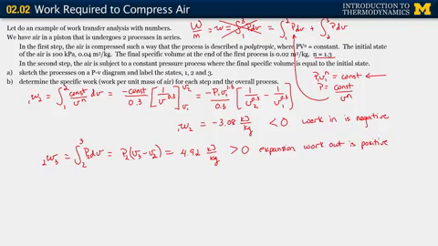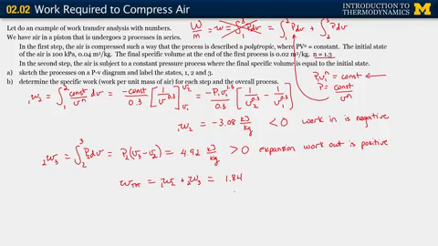Now we're asked to find the total work for both steps. So all we do is add these two together. That 4.92 plus the minus 3.08. And what we find is that the net work for these two-step process, two processes in sequence, is positive.